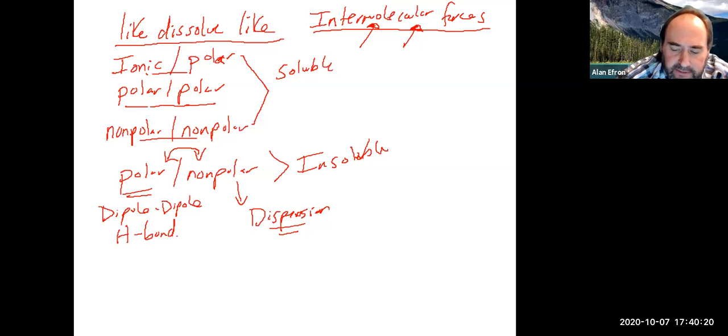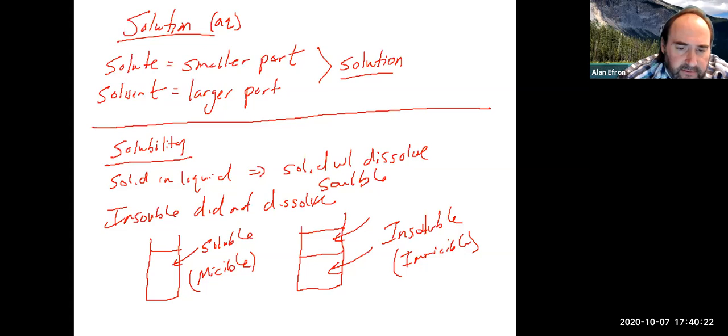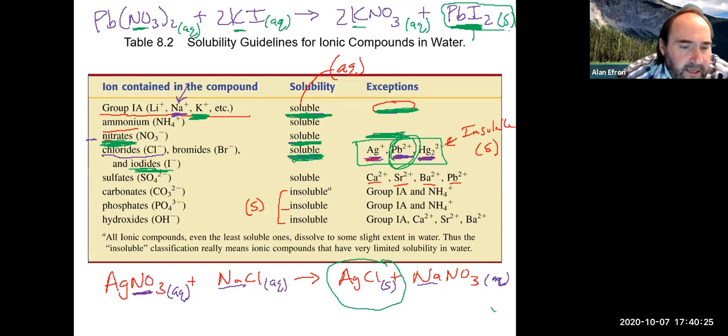We finished up, I think, talking about what's on this slide here. And these are really solubility rules. We could use these rules to help us decide when we're writing an equation or a reaction, if we put two things together, would we expect it to be a solid or to be aqueous, a solution?